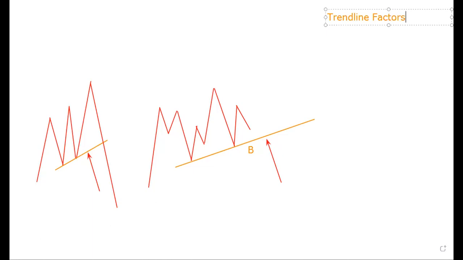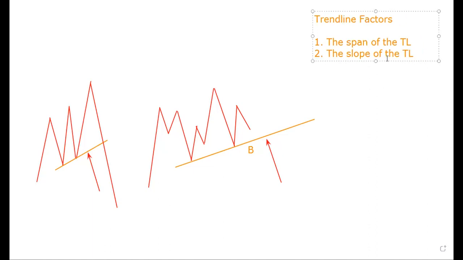So first of all, you want to check for space or the span of the trend line. Secondly, you want to check the slope of the trend line. I'm going to show you what I mean by the slope of the trend line. Three, you want to check the count, how many times it has been touched. Touches on the trend line.